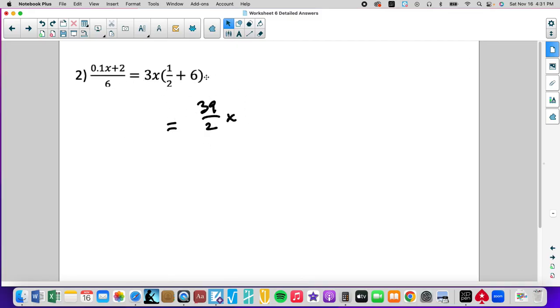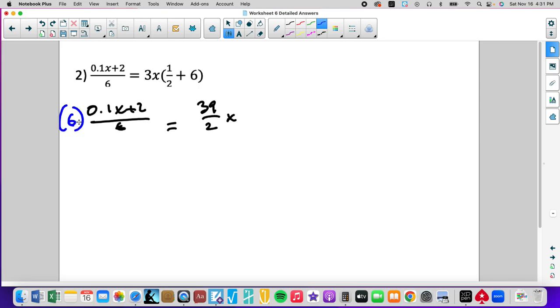So 39 over 2, that's simplified, and we have 0.1x plus 2 over 6. Let's multiply both sides by 6. That's kind of fun. Okay, so 6 cancels, that's 3. So these cancel. You're left with 0.1x plus 2 equals, and now that's 27.